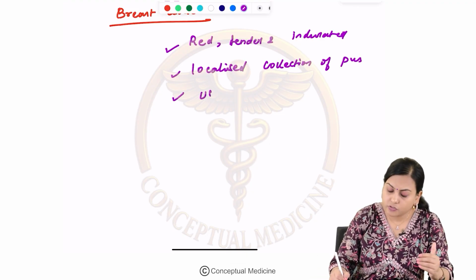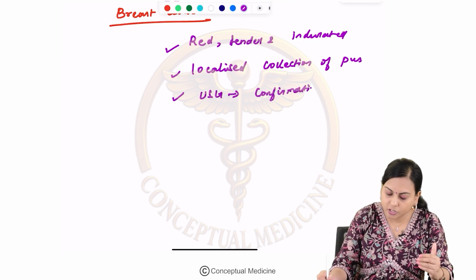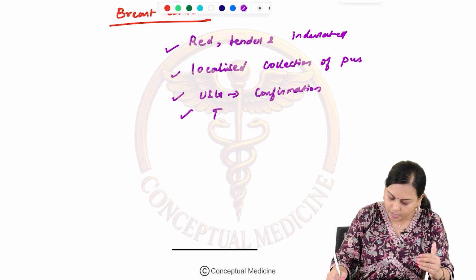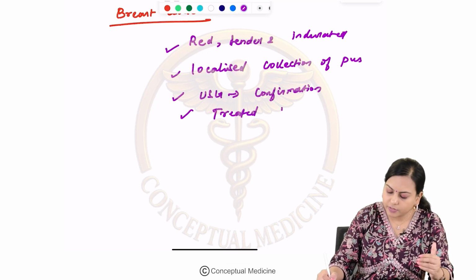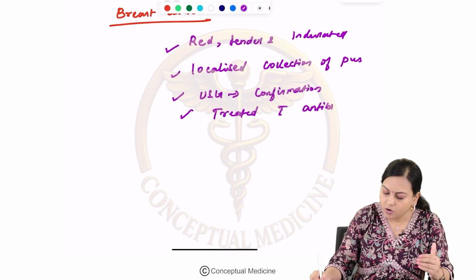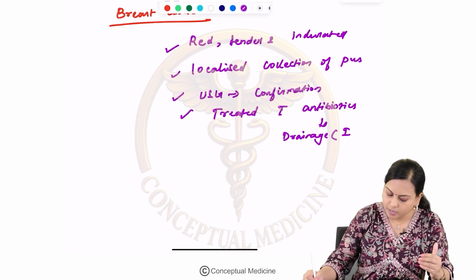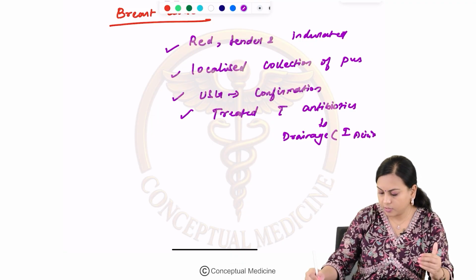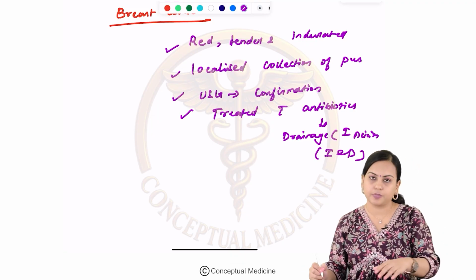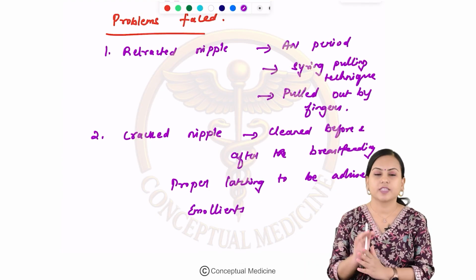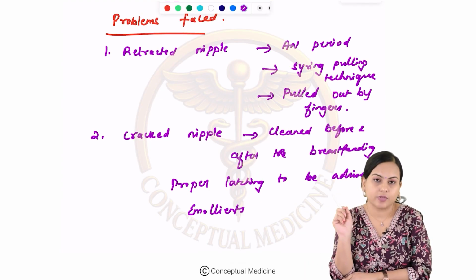You can use USG for confirmation of pus collection, and it is treated with antibiotics or drainage followed by an incision. That is, incision and drainage can be performed. Clear? So, with this we are finishing the discussion on lactation and breastfeeding.